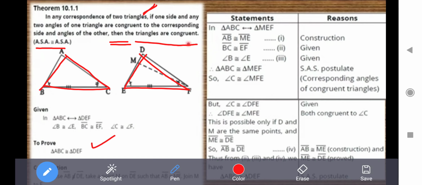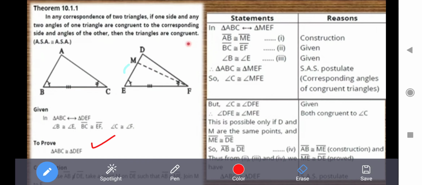After this, we will take one point on triangle DEF, that is point M on DE. Why? Because we suppose that AB is not congruent to DE. I'll write AB is not congruent to DE, using the sign of not congruent.